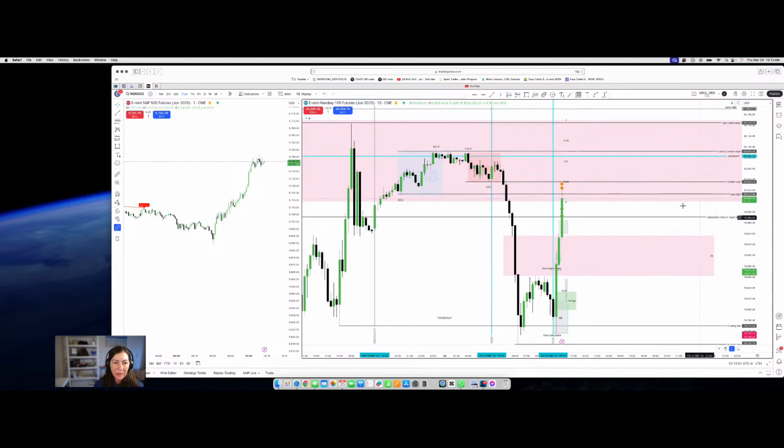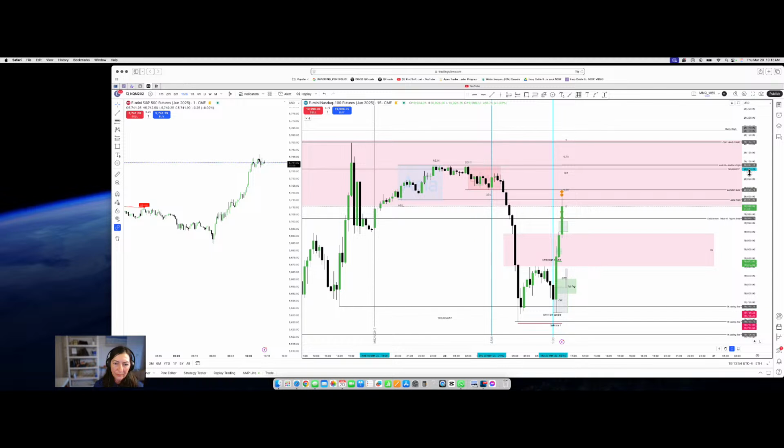It's also nice just to zoom out and get an idea of where we are. This London high, Asia high could be the drawn liquidity. And it's not going to get there in one big move. It's going to retrace, move a little higher, retrace, move a little higher.